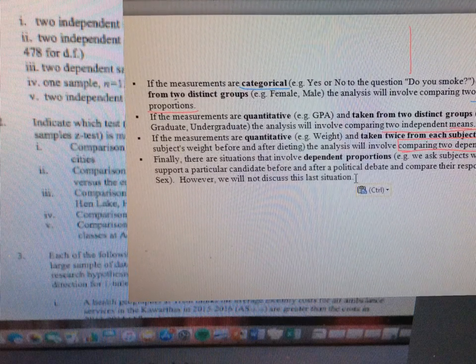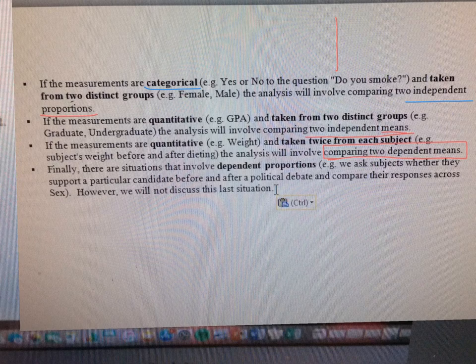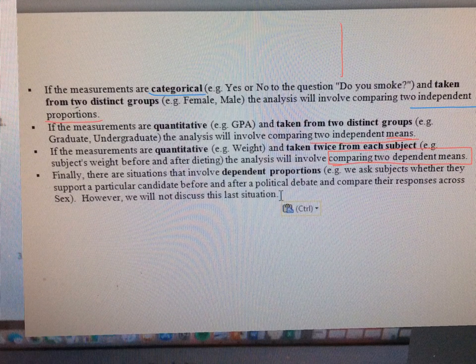And so in that case, from two distinct groups and categorical data, we would be looking at two independent proportions. We want means here, so independent means. I guess it's independent proportions, so we would be looking at an independent t-test for the first one.